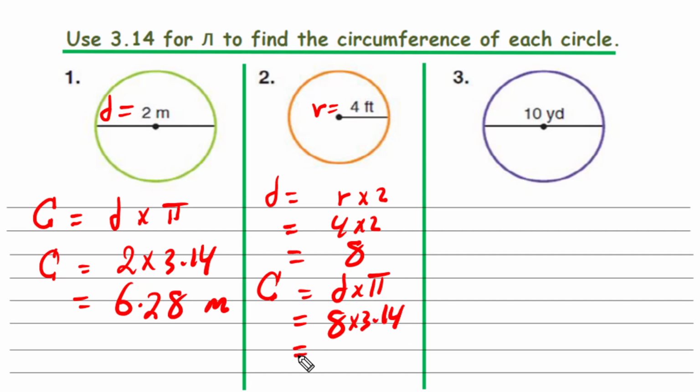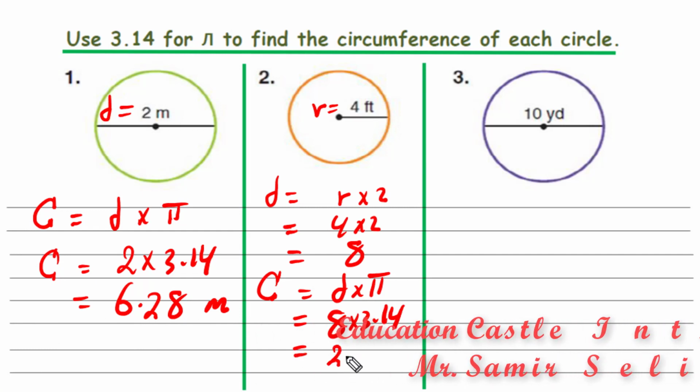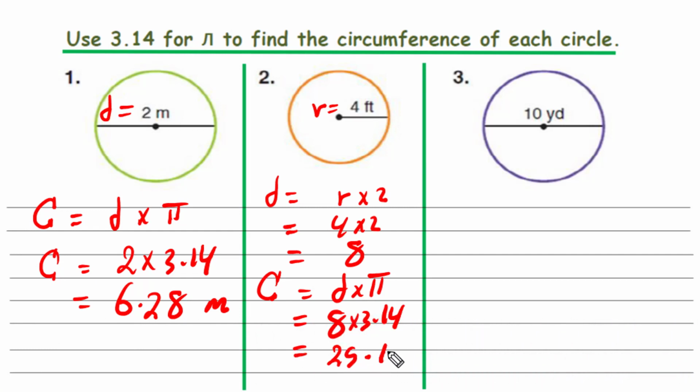Just multiply and insert the point after 2 digits from the right. We get 25.12. It's easy to multiply. Just multiply 8 by 314, then insert the decimal point after 2 digits from the right. We get 25.12 feet.